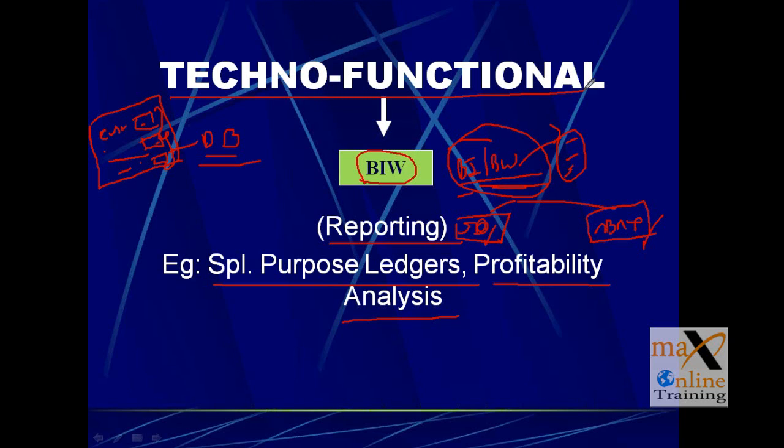Because as you are working as a functional consultant, you must have some knowledge of the technical side also. Sometimes it is useful. Why? If you are working on a support project, you will receive different types of tickets.